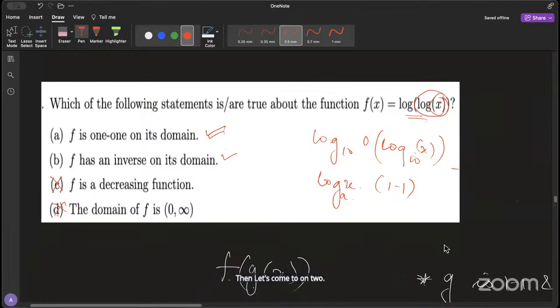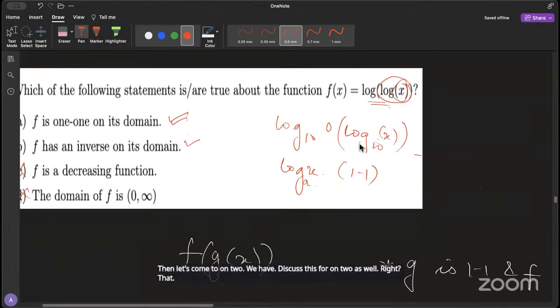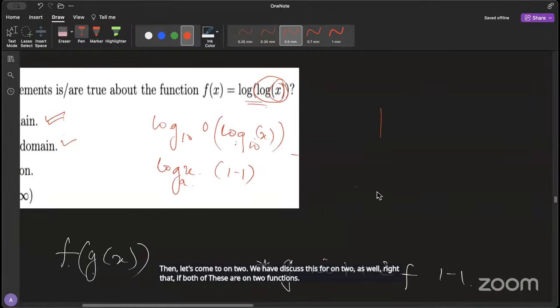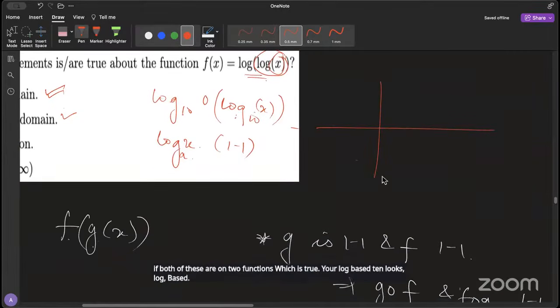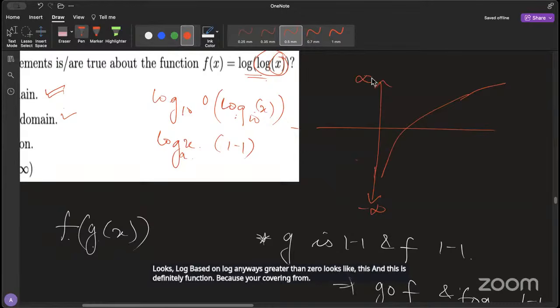We have discussed this for onto as well, right? That if both of these are onto functions, which is true, your log base 10, or log to any base greater than 0, looks like this. And this is definitely an onto function because you're covering y from minus infinity till plus infinity, right? You're covering every number on this line, right? Every y is attainable.